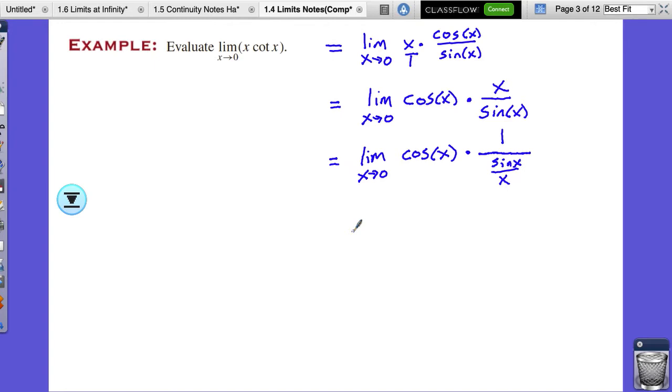Don't usually do it this way, but basically we're just using the fact of how you divide fractions: keep the top and multiply by the reciprocal of the denominator. So basically we're doing that in reverse, so that I can get this x over sine x to flip over.